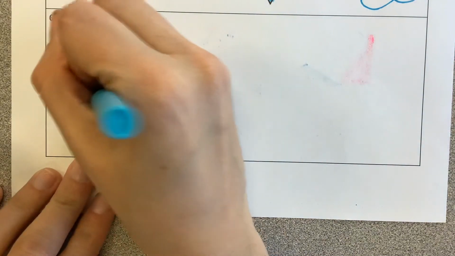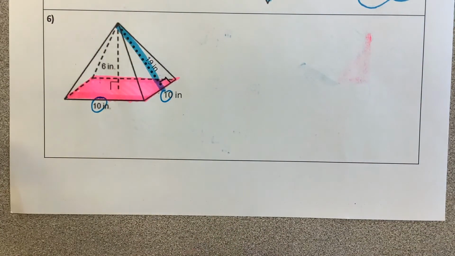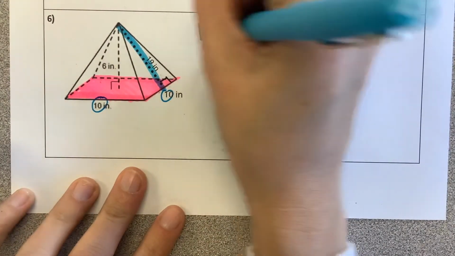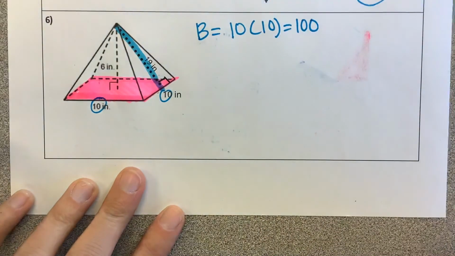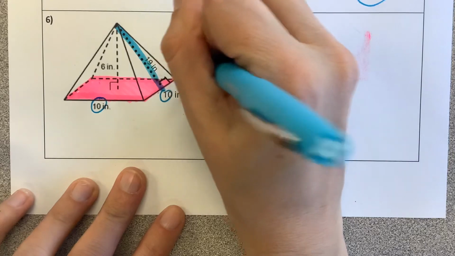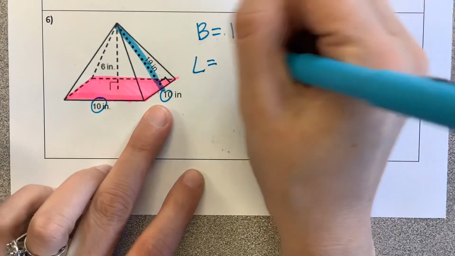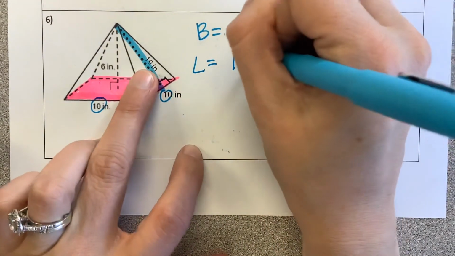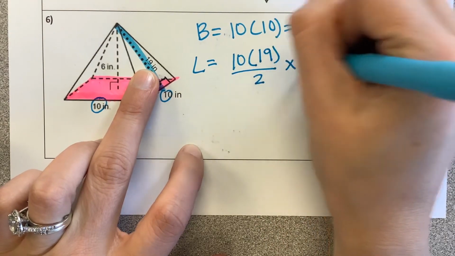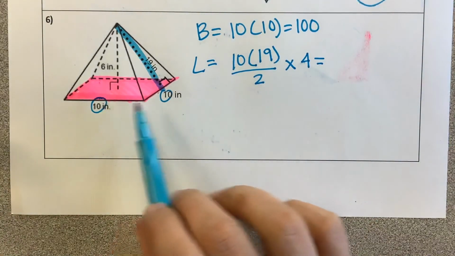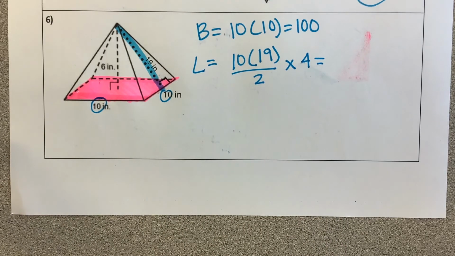So we have a square because our bases are 10 and 10. So the area of the base is 10 times 10, which is 100. And then our lateral surface area, we have our triangles that have a base of 10 times a slant height of 19 divided by 2, but we have 4 triangles because there's 4 sides to a square on the bottom.